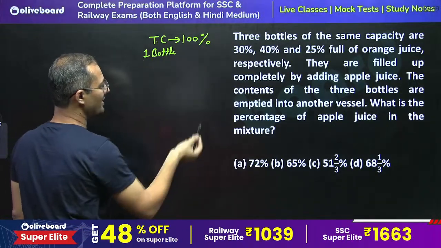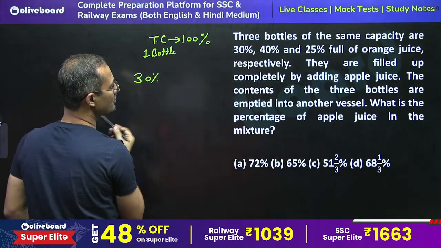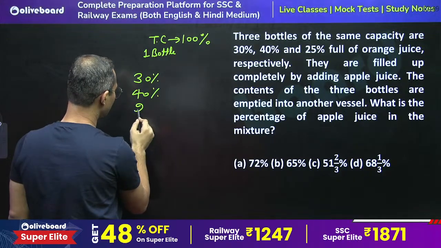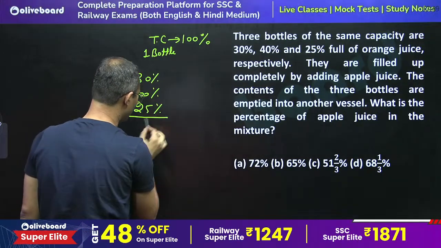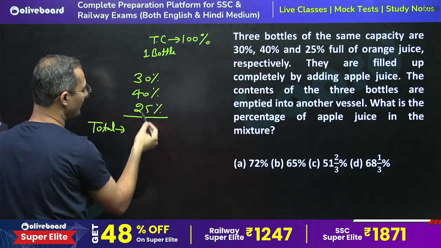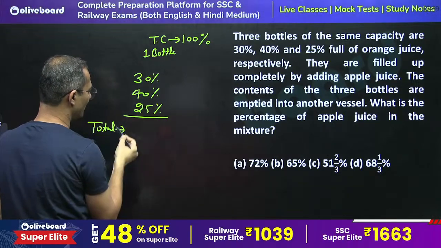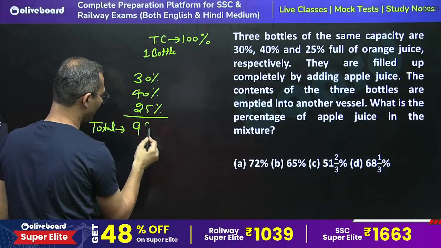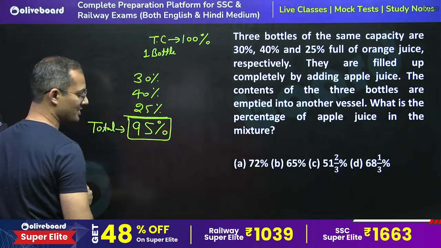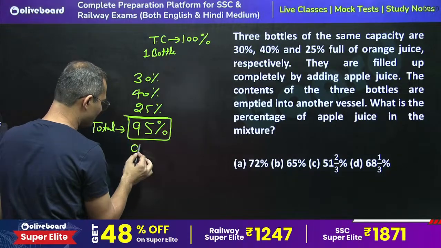In the first, 30% orange juice, in the second 40% orange juice, and in the third 25% orange juice. In total, three bottles, we have 30 plus 40, 70, 70 plus 25, 95%. So 95% portion of all three bottles together is going to be orange juice, right?